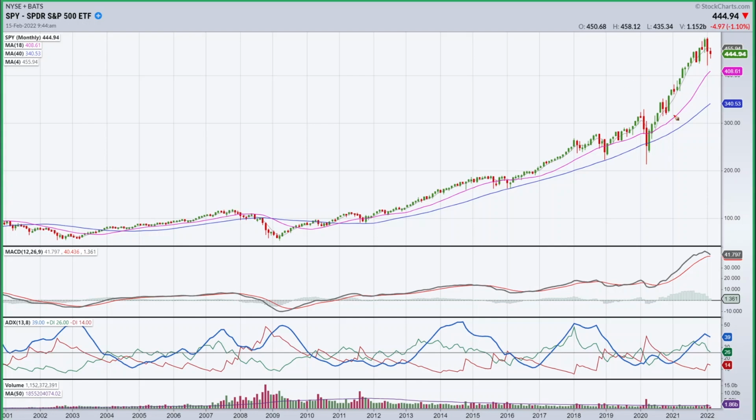But one of the things that I would tell you is that the momentum going in on this time frame is pretty good. The MACD has confirmed the new high, and the ADX has confirmed the new high with a pretty strong reading. So I am kind of predisposed into thinking that there is going to be support in this 400, 405, 410 zone if we come back down to that level.